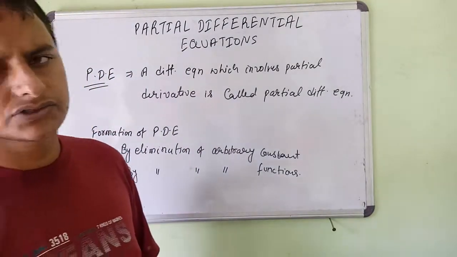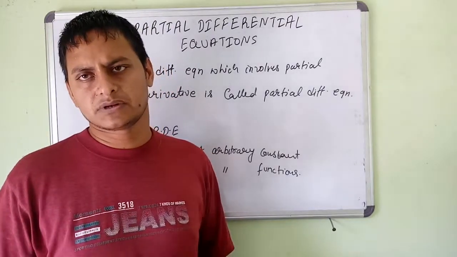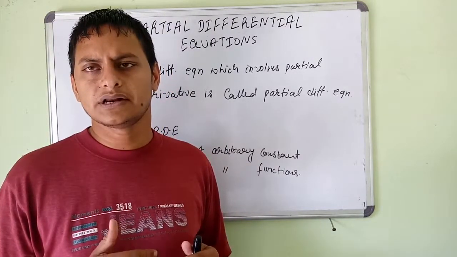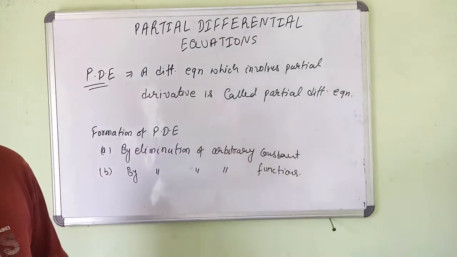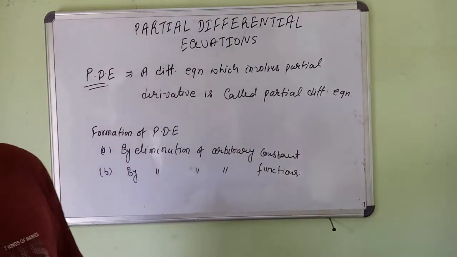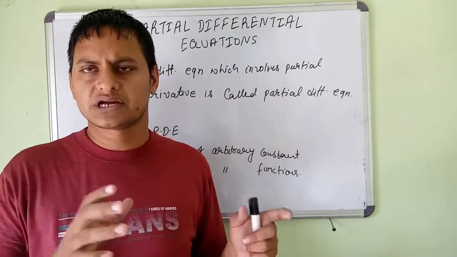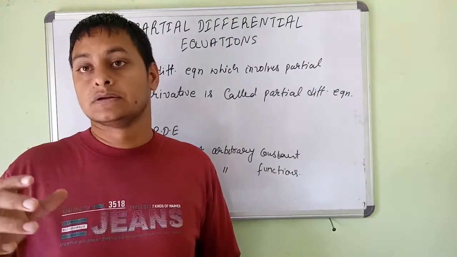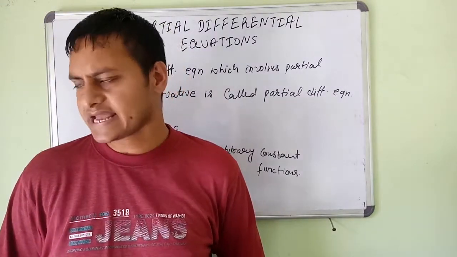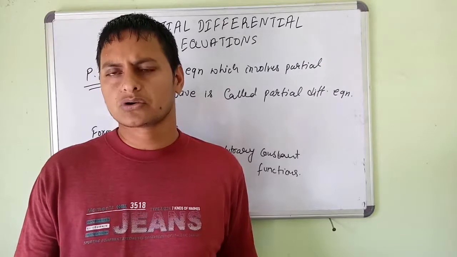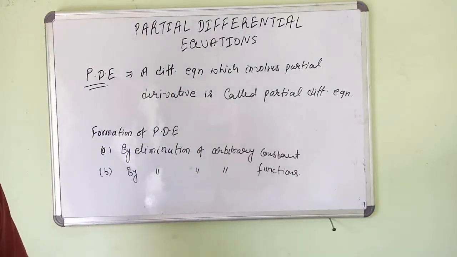If the number of arbitrary constants is more than the number of independent variables, then the partial differential equation is in the second order form, or maybe more, with second order derivatives.